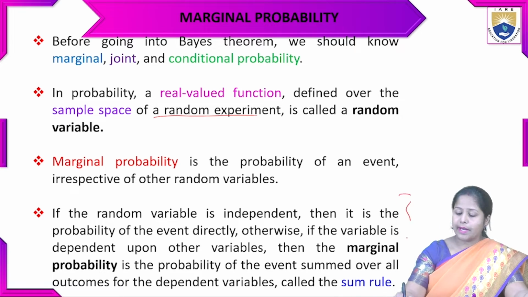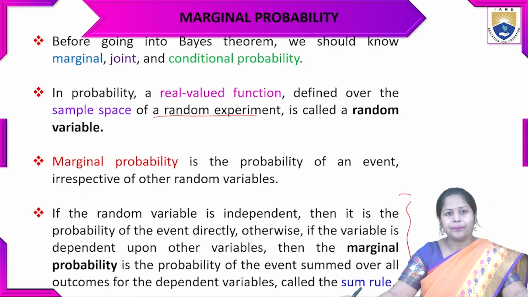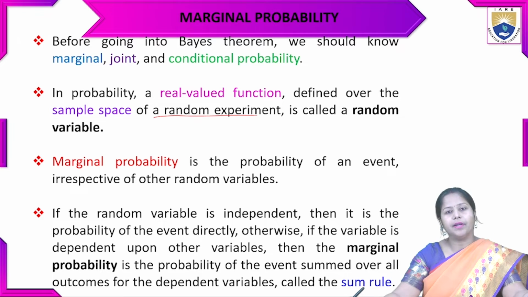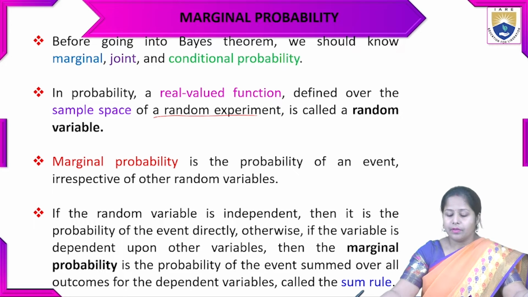If some random variables are independent, then it is the probability of the event directly.